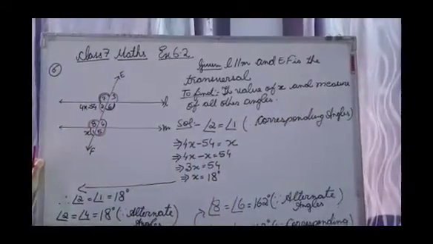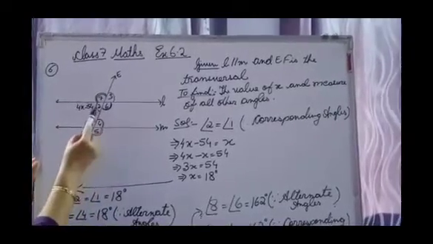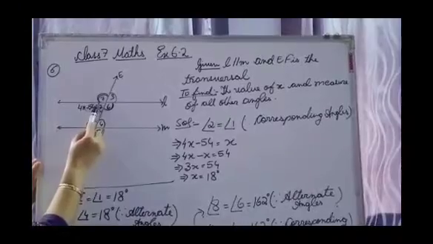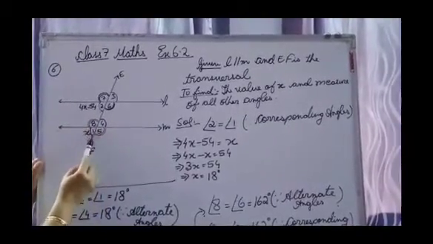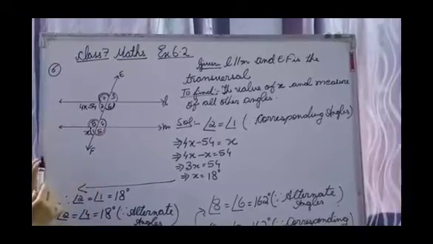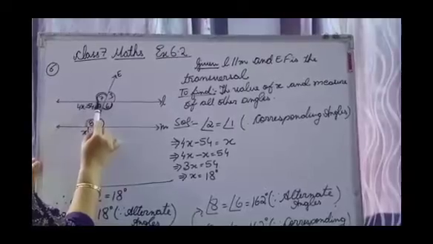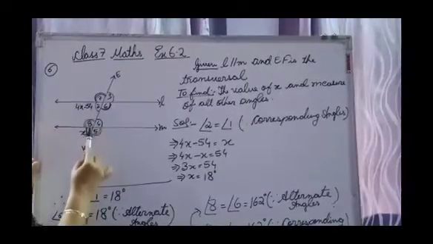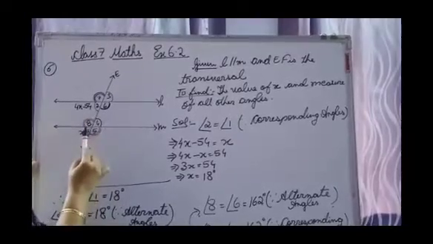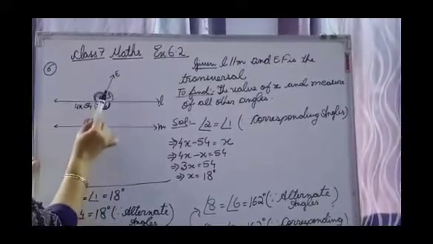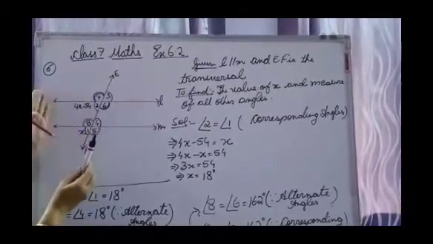Now, how will we start the sum? We will start the sum with whatever is given in the question. Already we see that this angle is equal to 4x minus 54, given. Again, this angle is equal to X, already given. Now, since EF is the transversal, I have named this angle as angle 2 and this angle as angle 1. This 2 is an interior angle, this is an exterior angle. But they lie on the same side of the transversal, that is on the left hand side.